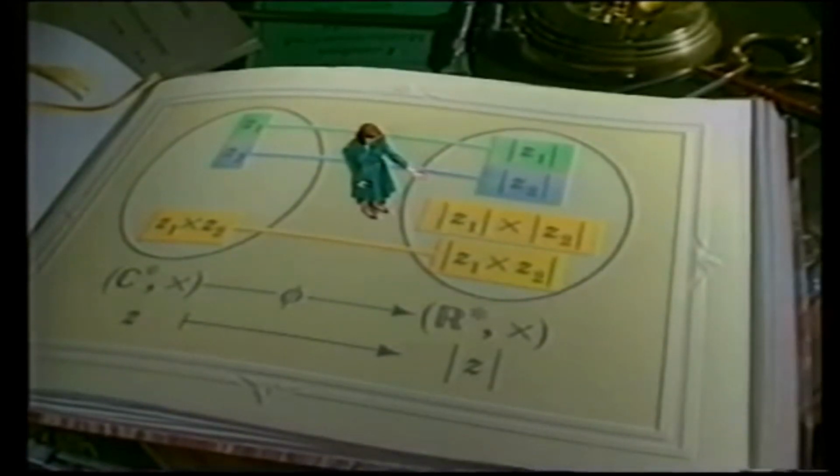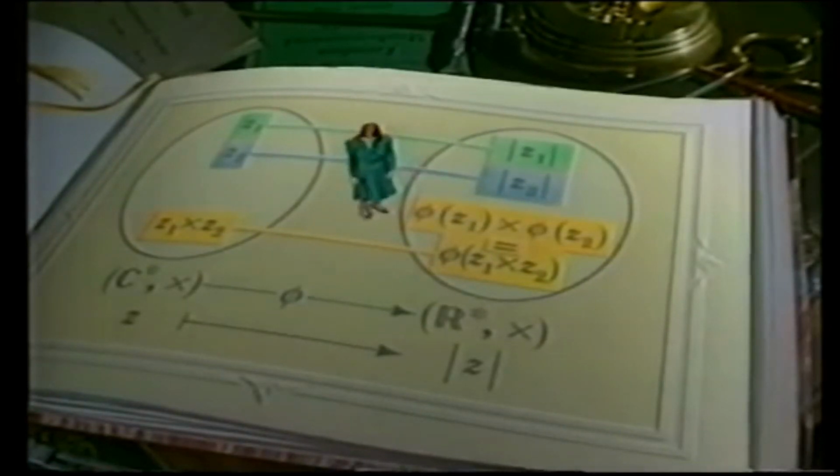For any complex numbers, these two expressions are always equal. Rewriting this in terms of phi, the image of the composite is equal to the composite of the images. So, phi is a homomorphism. Now, homomorphisms are mappings. So, what can we say about this mapping?